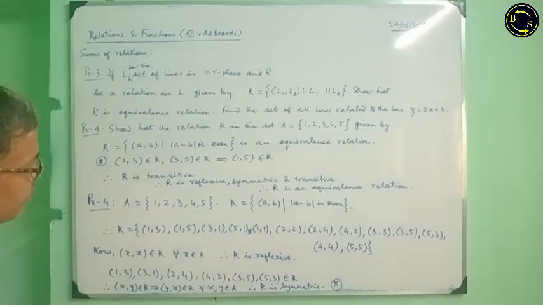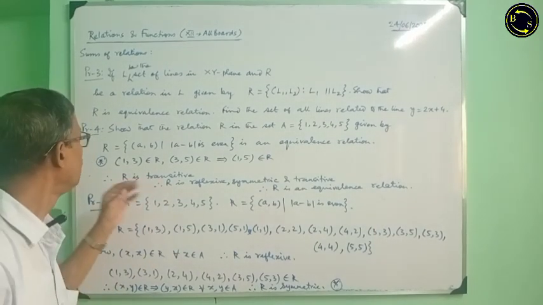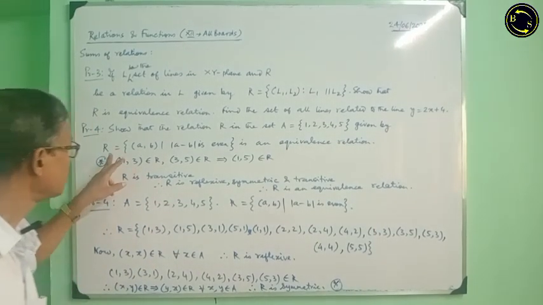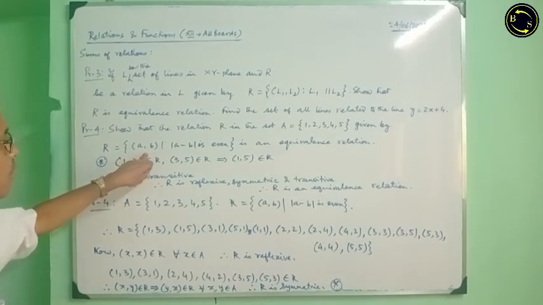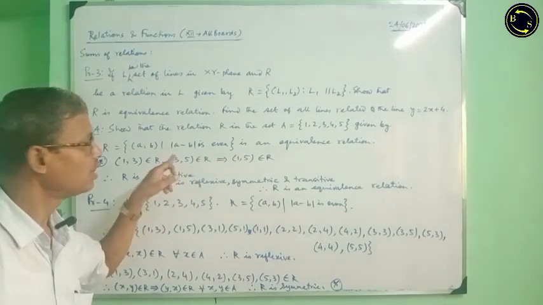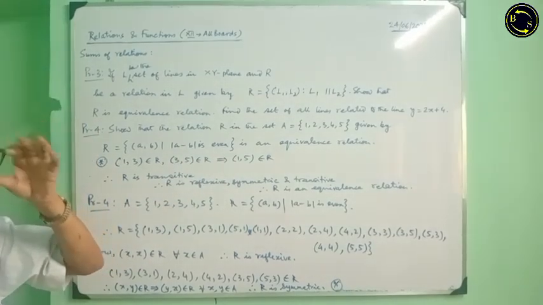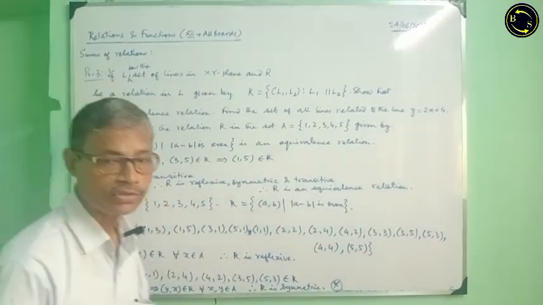Therefore, we have shown that the relation R, the set of ordered pairs (A, B) maintaining this condition, modulus of A minus B is even, is an equivalence relation.